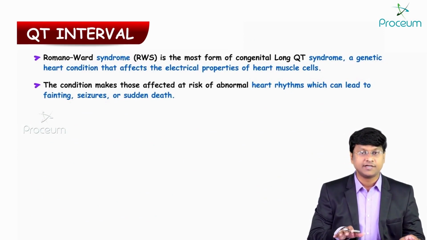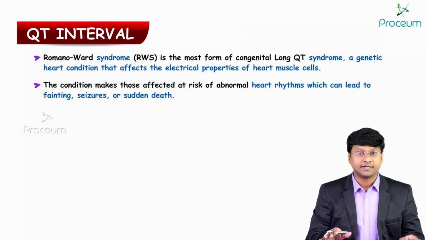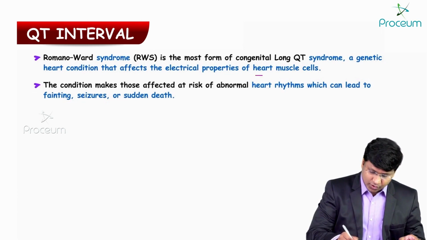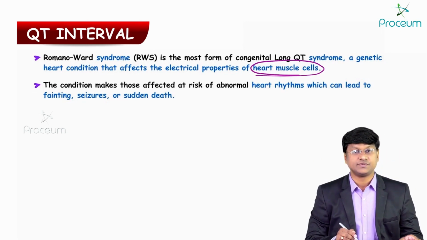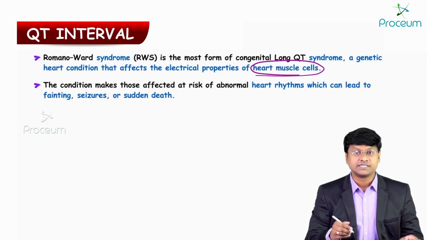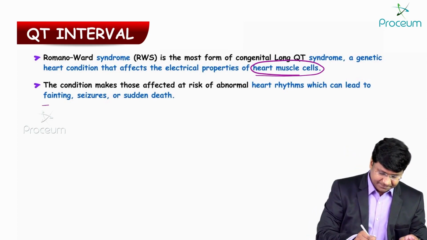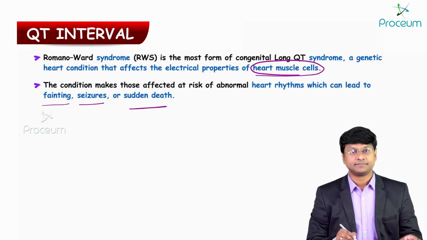This condition affects the electrical properties of the heart muscle cells. In these individuals, along with long QT syndrome causing abnormal heart rhythms, they will also have fainting spells, seizures, or sudden cardiac death.